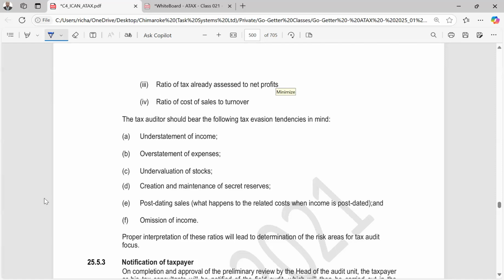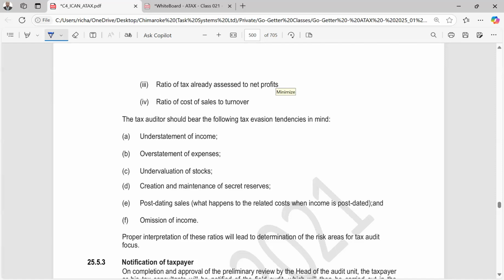Now, another one is overstating expenses, especially allowable expenses. If your expenses are much higher than what they used to be, you may be having many allowable expenses and you will not give adequate tax returns. Then undervaluing of stock.